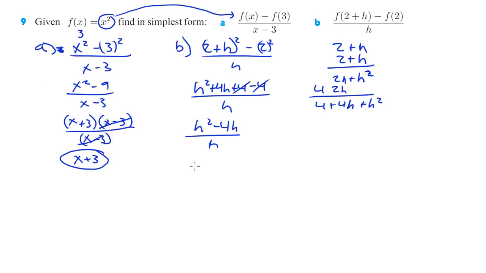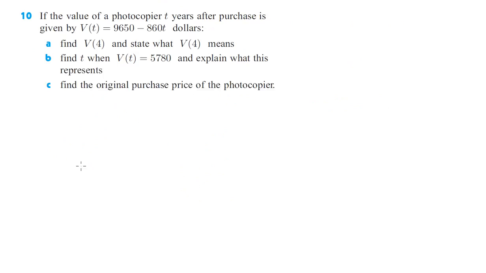If you divide h squared by h, you're left with an h. If you divide negative 4h by h, you're left with minus 4 all over h. And then those h's cancel out, so we're just left with h minus 4. Okay? That's a little bit of a tricky one, but you can do that. You got it.